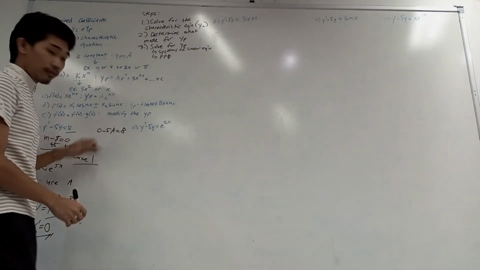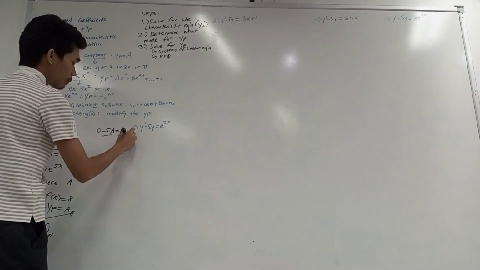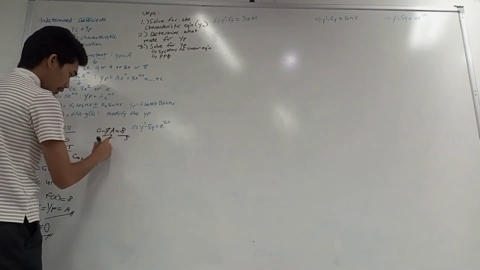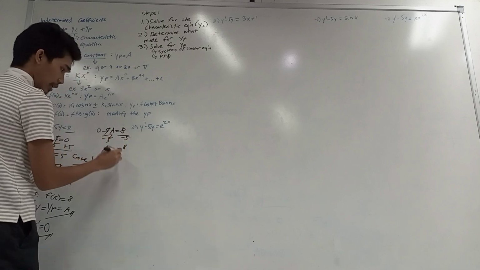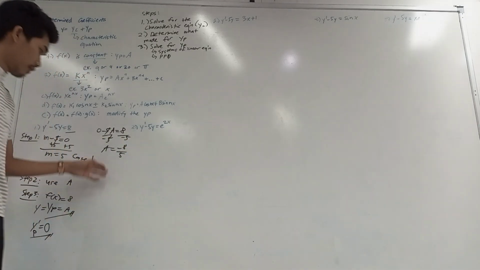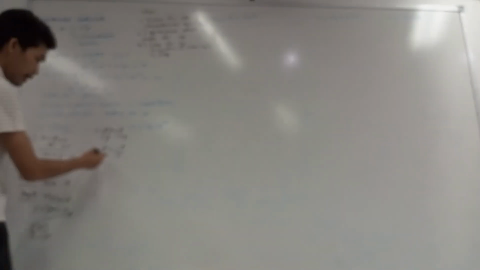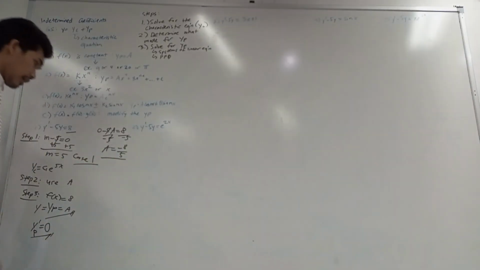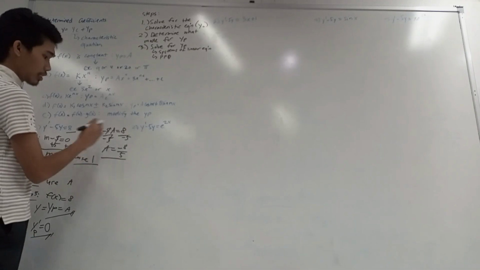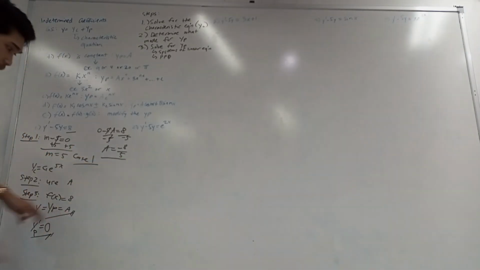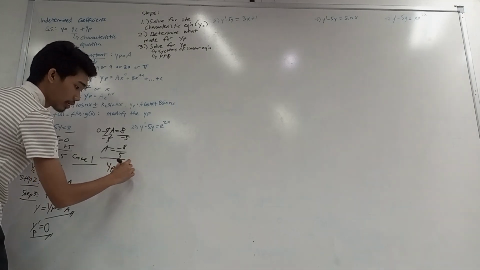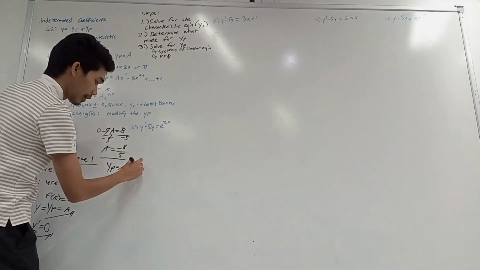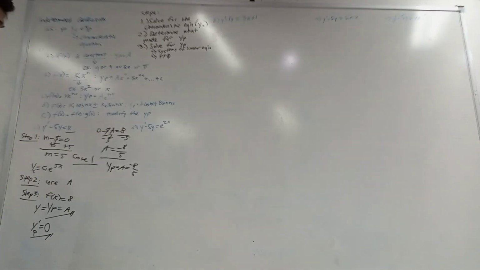So ngayon, solving for a, kita natin na divide both sides by 5. A is equals to negative 8 over 5. So ngayon, meron tayong a which is ang ating yp. This tells us na ang yp natin which is equals to a is equals to negative 8 over 5.